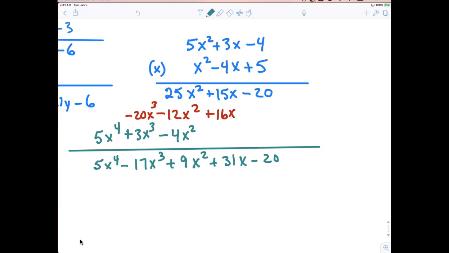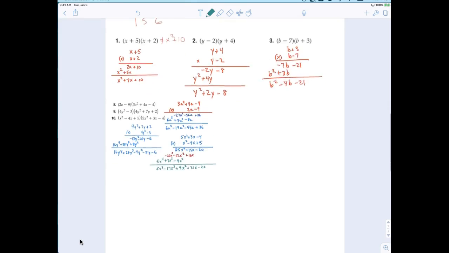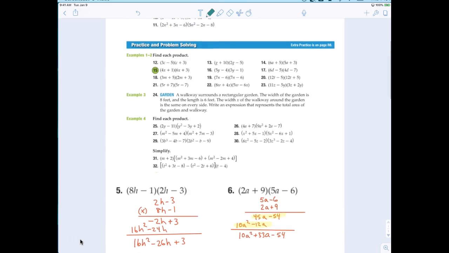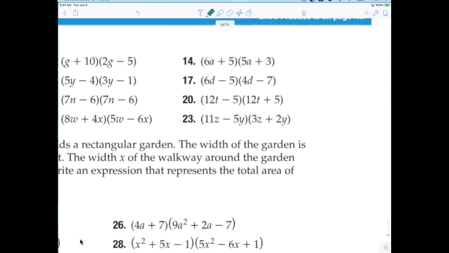Okay. Now, look, guys, I really feel like that's pretty easy, especially if you recall, that's just multiplying 2-digit numbers and a 2-digit and a 3-digit number. Same process, except now we're using some variables. Now there's only one other one I'm going to show you, and that would be question number 23.